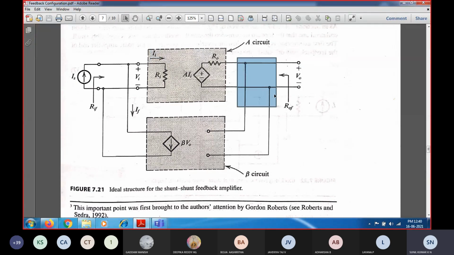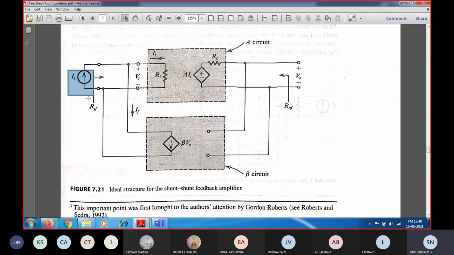Voltage is being taken at the shunt, so you can see the feedback network input is nothing but the voltage signal. It is connected to the feedback network in shunt, and across the input side the current mixing is going to take place in parallel. So you have Is connected in parallel with this. Is is the current source across the input, with a resistance associated in parallel.